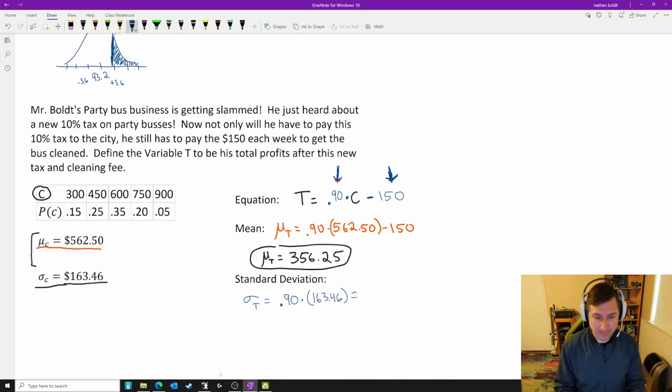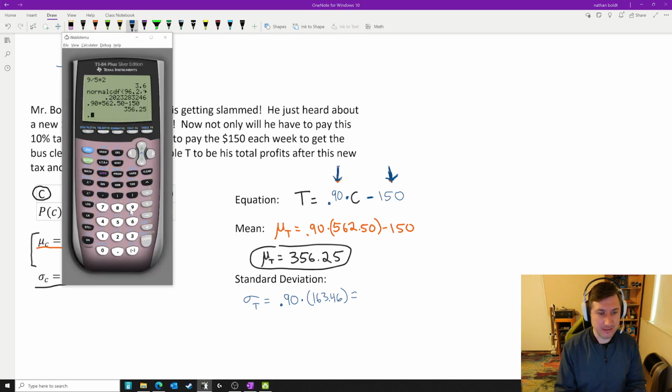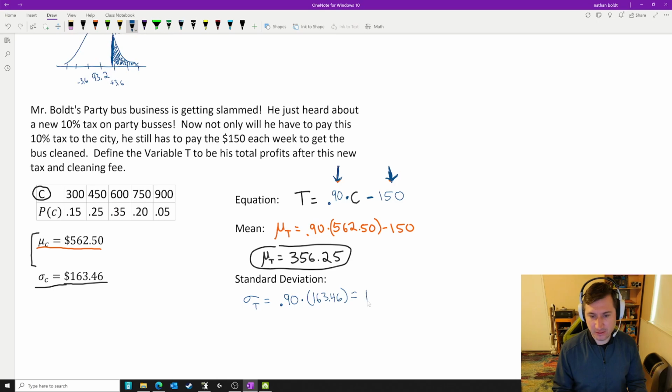All right, so 0.90 times 163.46 is 147.11. So the standard deviation of T is equal to 147.11.